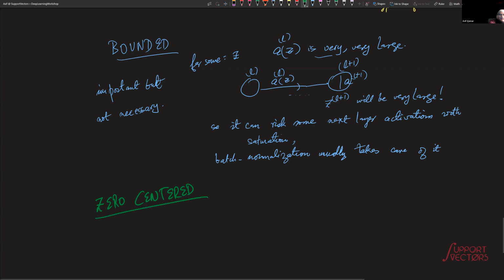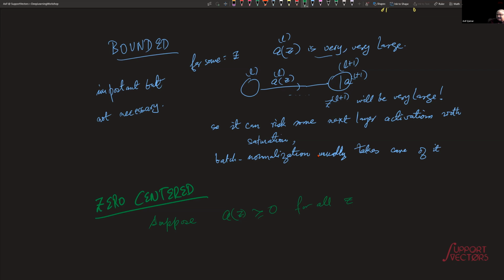Zero-centered. What are we talking about here? The zero-centeredness. Suppose a(z) is always greater than or equal to 0 for all z.